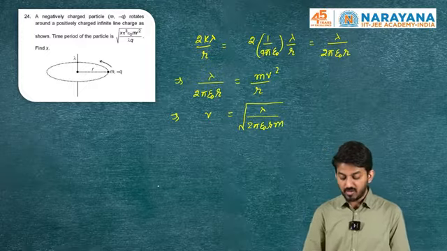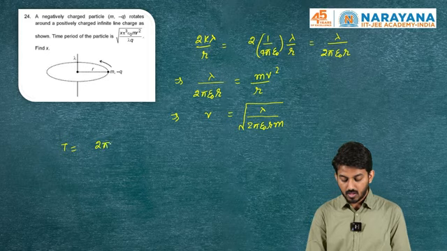Now, time period, if they're asking, so time period is going to be 2 pi r divided by speed.